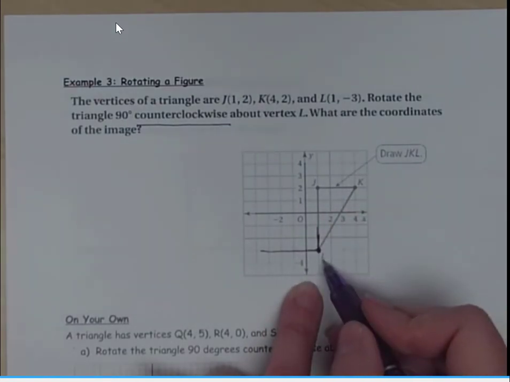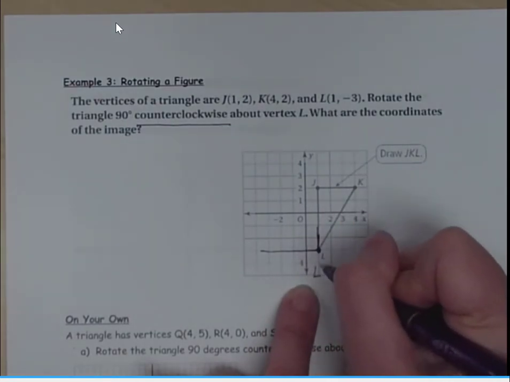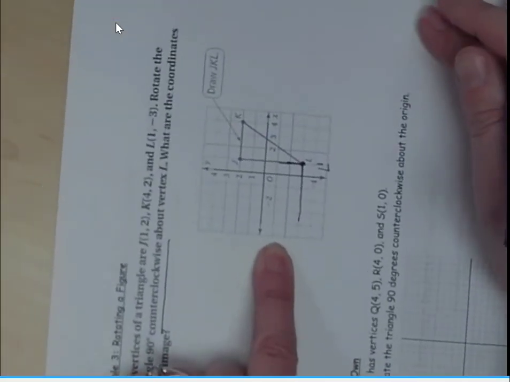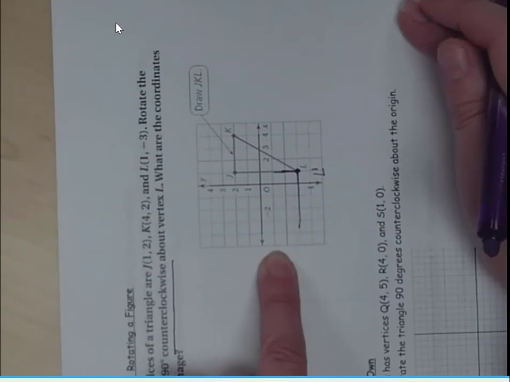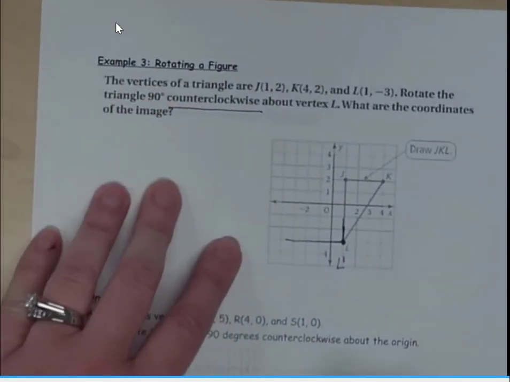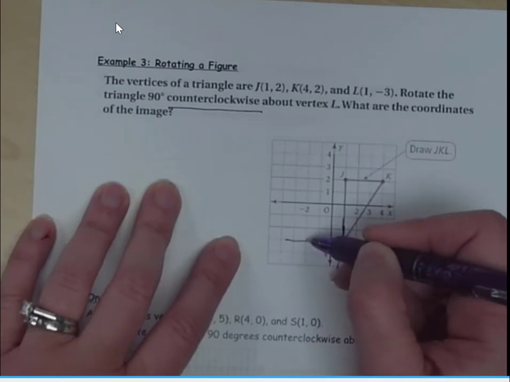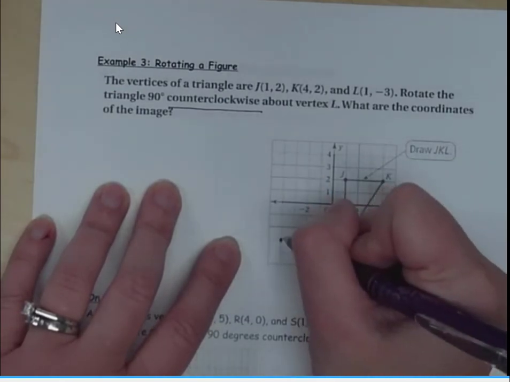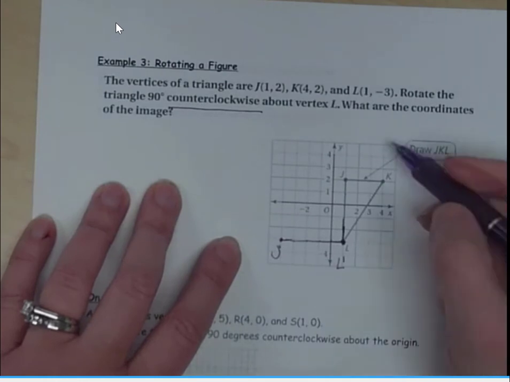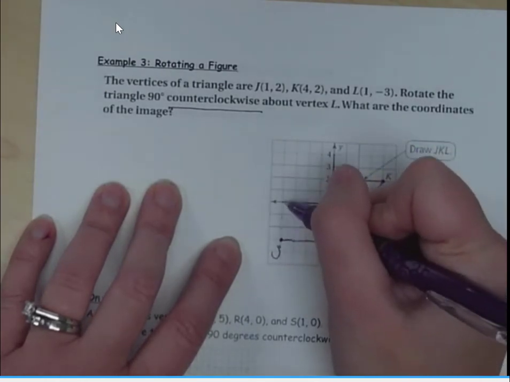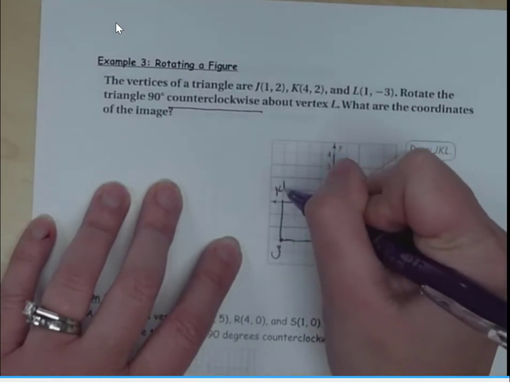So not only is this point L, it's also L prime. So I'm taking this and drawing it just like this, 90 degrees. So point J, let's see, I've got 1, 2, 3, 4, 5. So this is J prime. K is 1, 2, 3 away. Here's K prime.